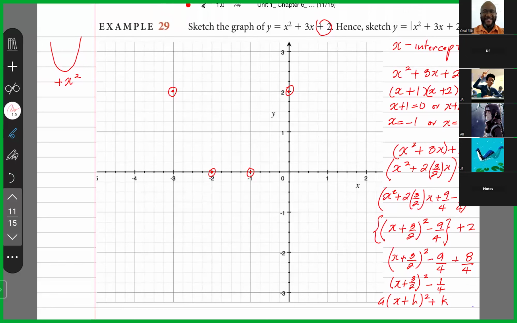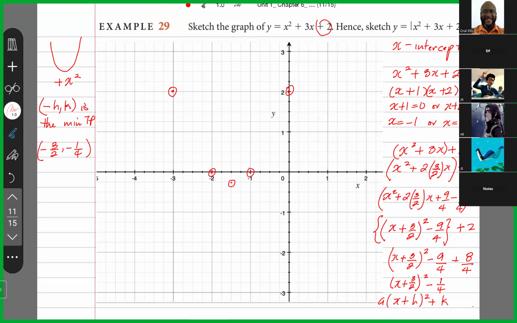This is important because minus h, k is the minimum turning point. So minus h, which is minus 3 over 2, and k, which is minus a quarter, is the minimum turning point. So that would put my graph around here. This is the minimum turning point of my graph.